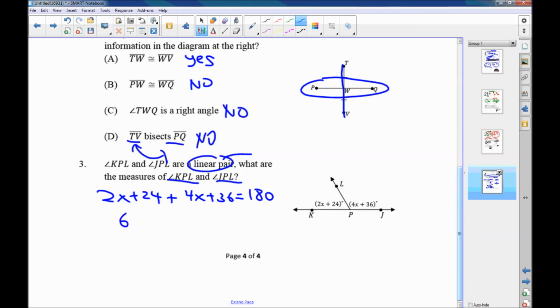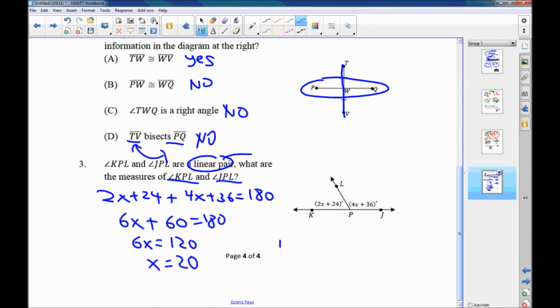If I combine them, I get 6x plus 60 equals 180. Then I solve that, so 6x is equal to 120, and I divide by 6, and that makes x equal 20. So I know the value of x. I plug that back into my formulas.